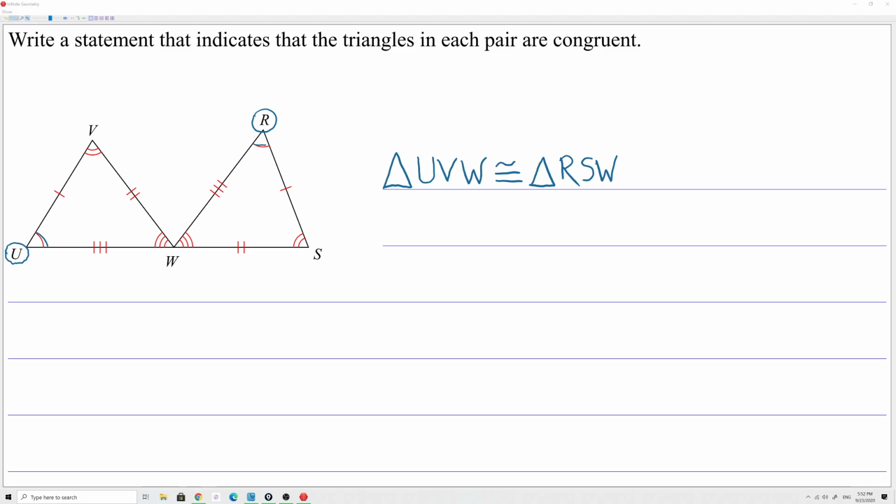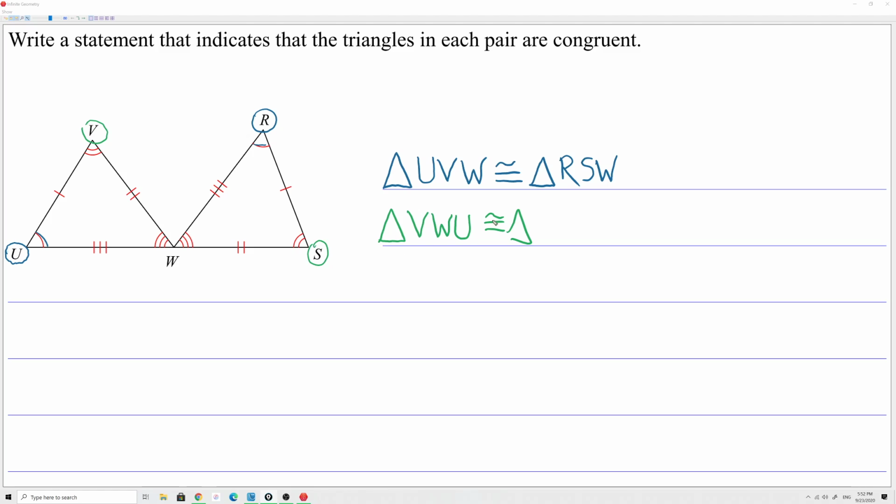Now, that's not the only possibility. You could, if you wanted to, say that triangle, maybe you call this VWU for some reason. You're allowed to do that. VWU is congruent to triangle. Well, we started with V. Angle V has 2 marks.